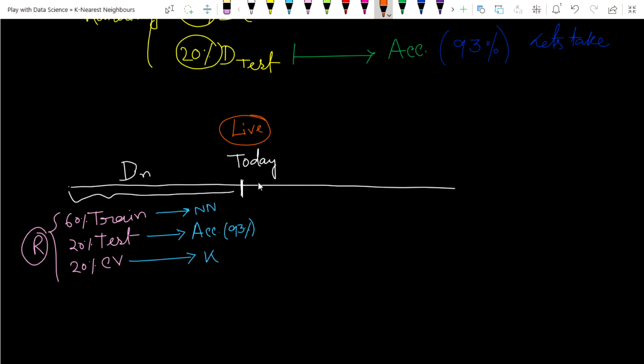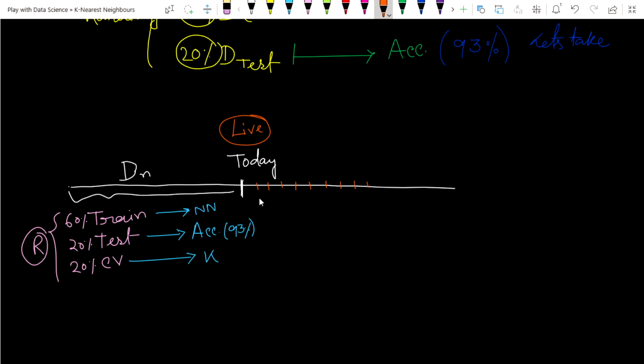Then, after two days, when we get future data, say tomorrow, will the model give the same accuracy? It may not be true.